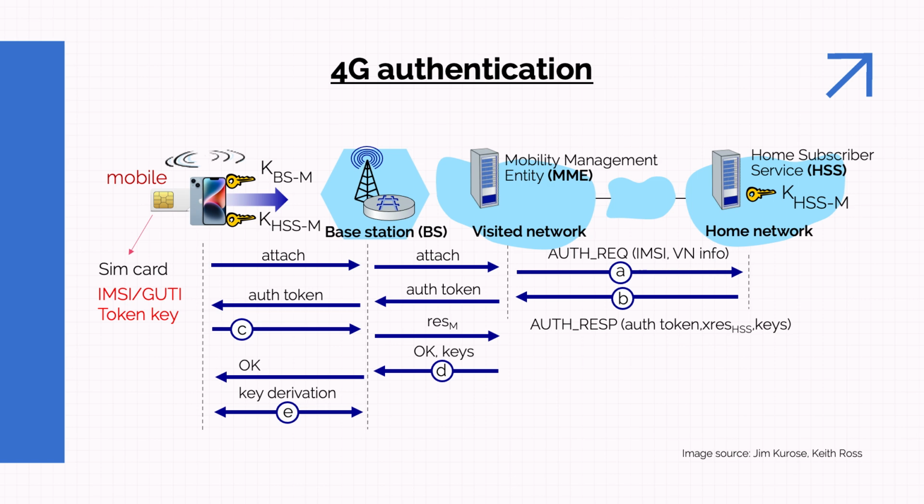Actually, the SIM card has a token, a key, fixed in the SIM. When you install it in the smartphone, it is sent to the base station, and they go to the mobility management entity and the home subscriber service.